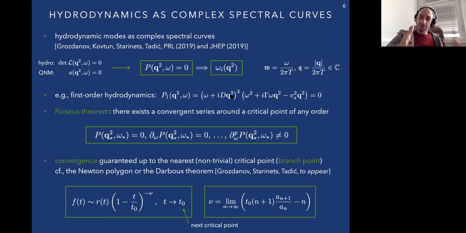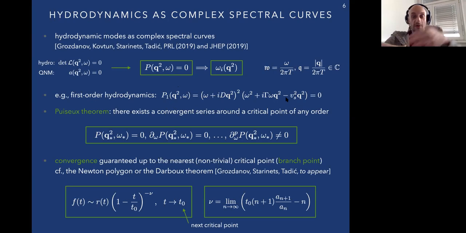If you just do first order hydrodynamics, forget about holography, what you find is this complex spectral curve, let's call it P1, which has this form. First of all, it factorizes into two distinct pieces. This is just neutral, relativistic, rotationally invariant hydrodynamics, so there's a diffusive piece and there's a sound piece.